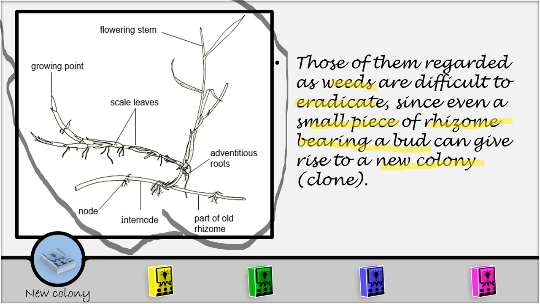Why? Because even a small piece like this one will develop into a new plant. A small piece like this one is cut off, it develops into a new plant. So with these rhizomes, each part which breaks off will develop into a new individual plant. That makes them very difficult to eradicate.